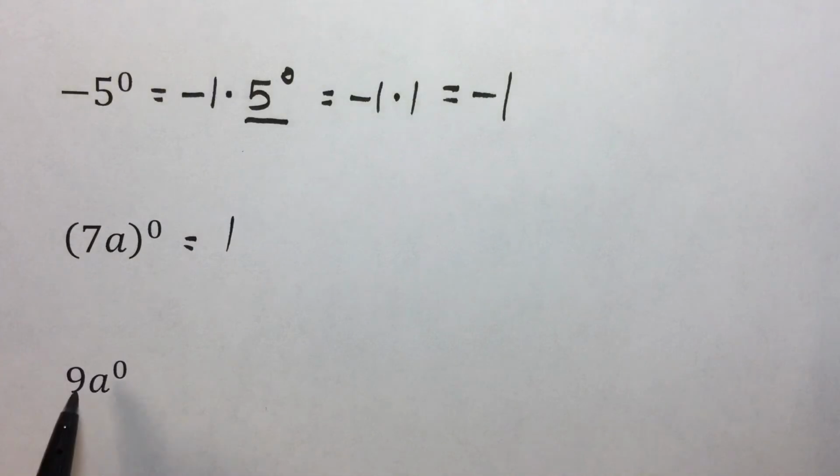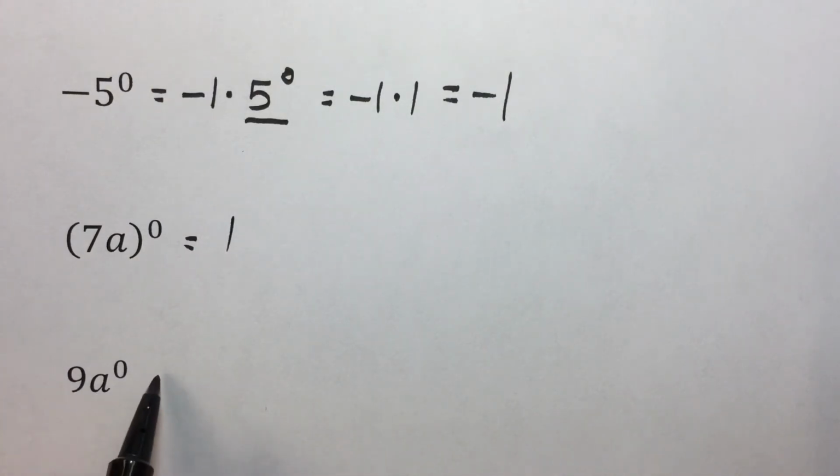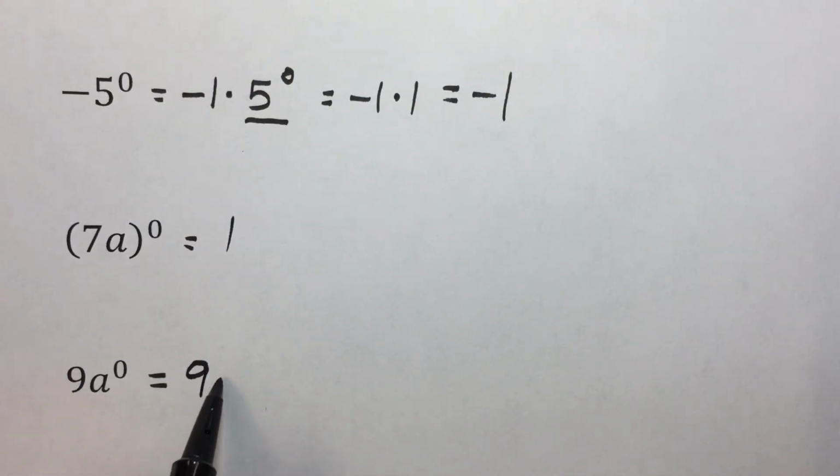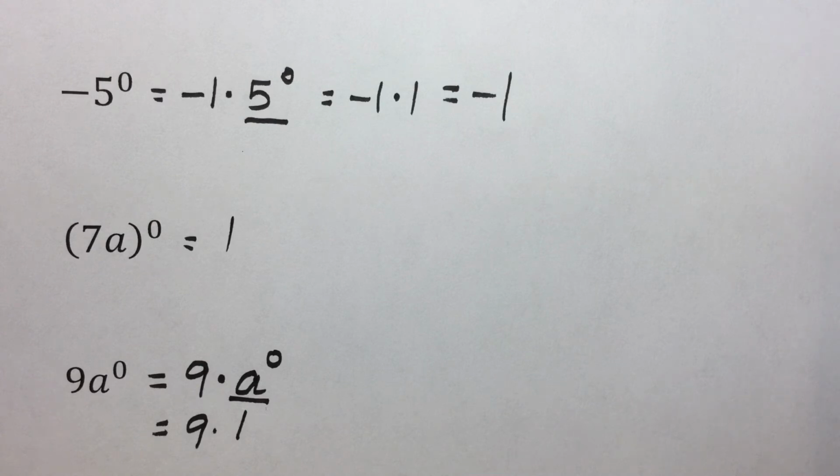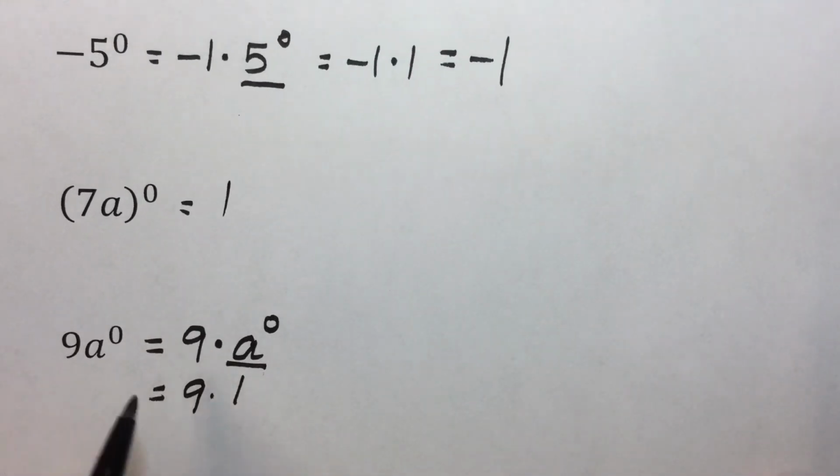And in this case, without the parentheses, this is 9 times only the a with an exponent of 0. Following the order of operations, simplify the exponent first. We have a substitution of 1 for a to the 0 power, and then do the multiplication for simplifying this to a final answer of 9.